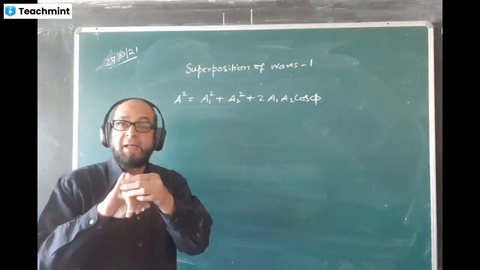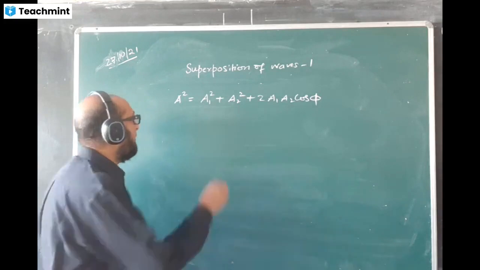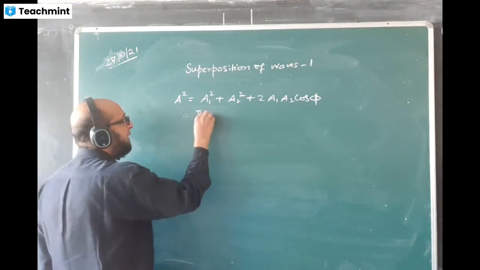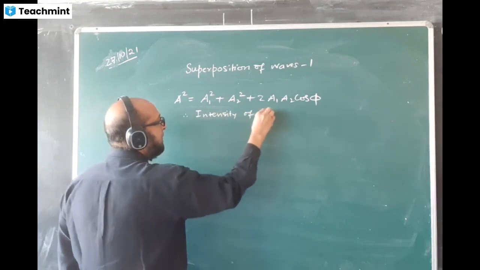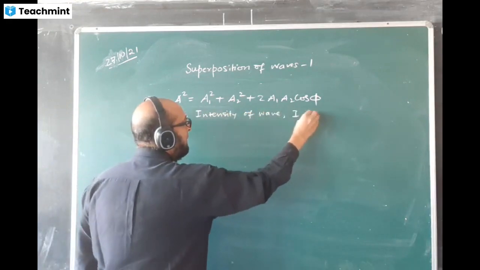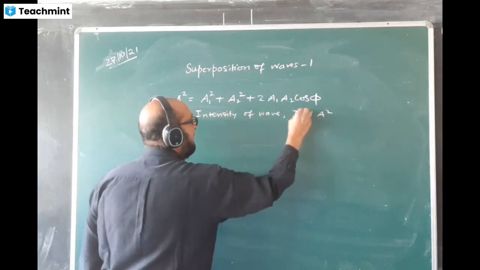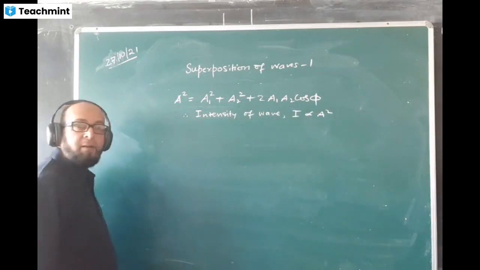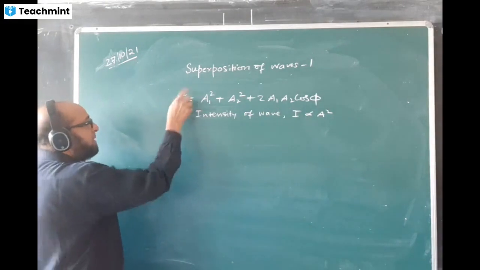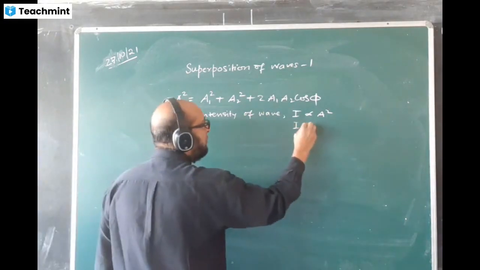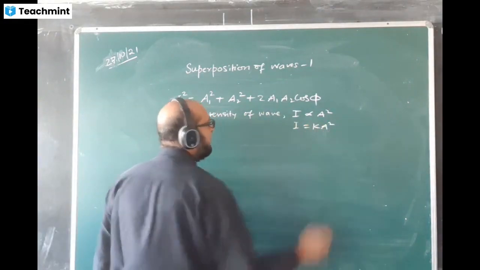Then intensity is directly proportional to A square. Write down: intensity of wave I is proportional to A square when frequency is constant. Therefore, we can write this equation as I equals k A square.